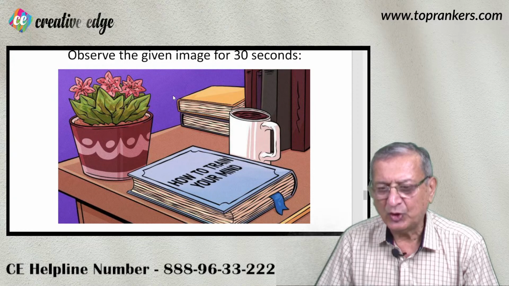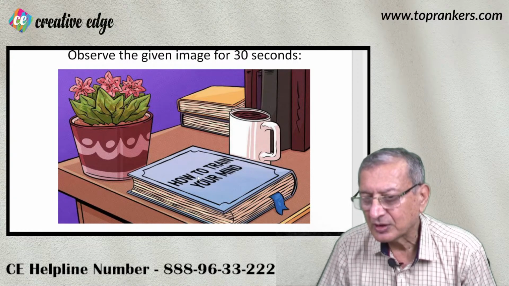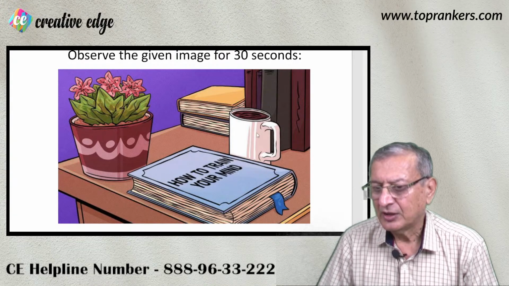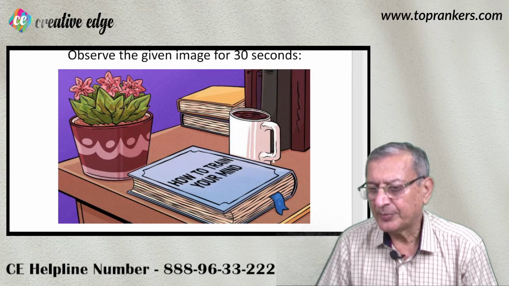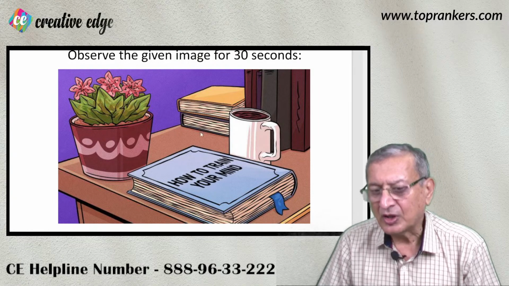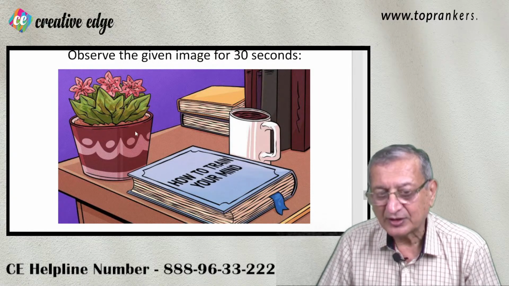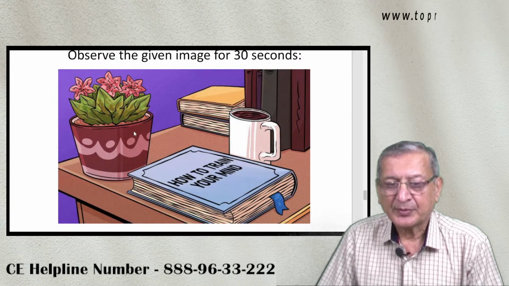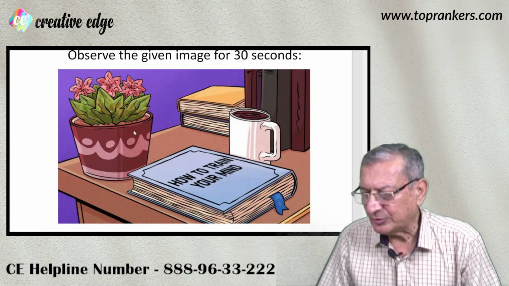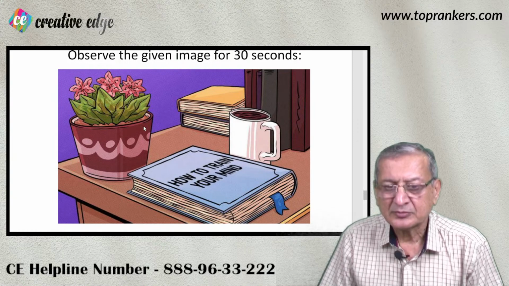Just note it down. 30 seconds are good enough to note it down. How many books? And then anything unusual happening, like the handle might be missing, a book might not be kept on the table, or the flower vase might be kept on something else. Those odd things can also be noted down.